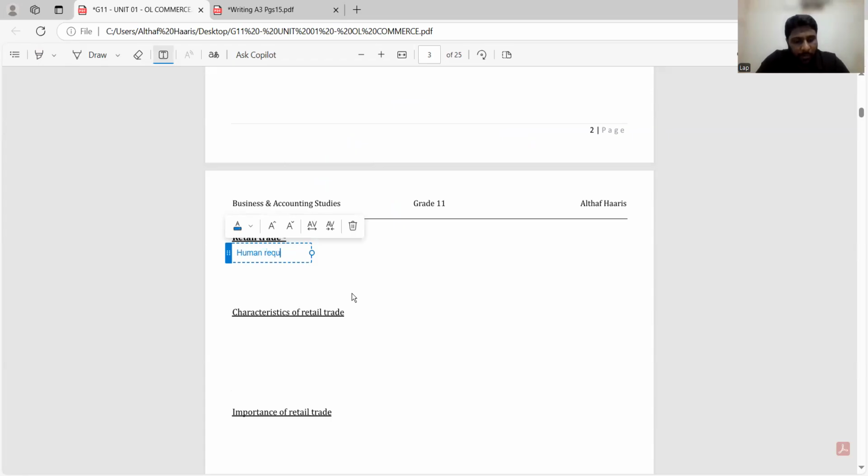Humans require different goods and services to fulfill their wants. These goods and services are sold to the end user by retailers.